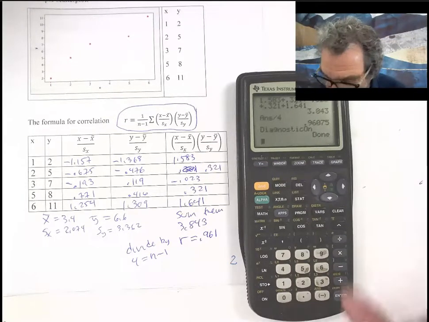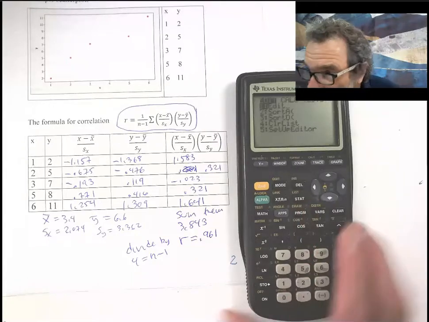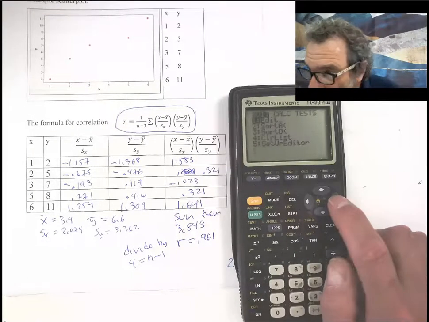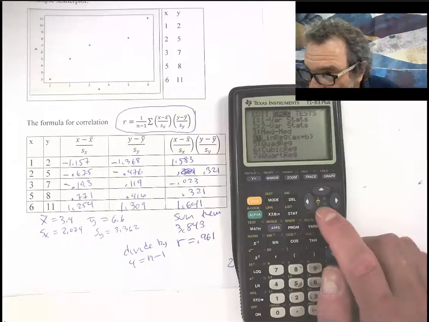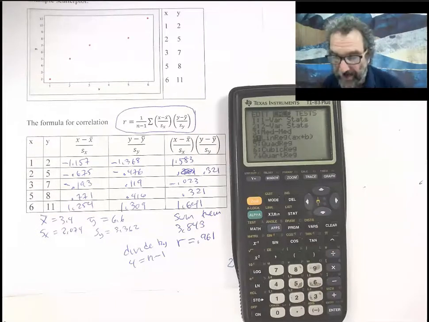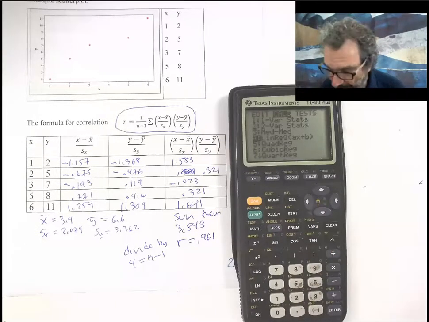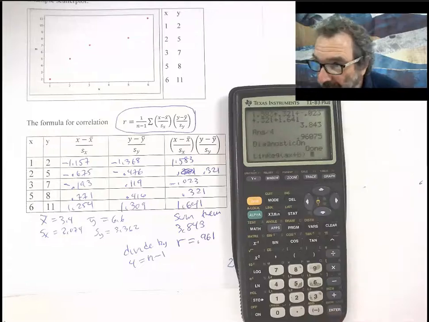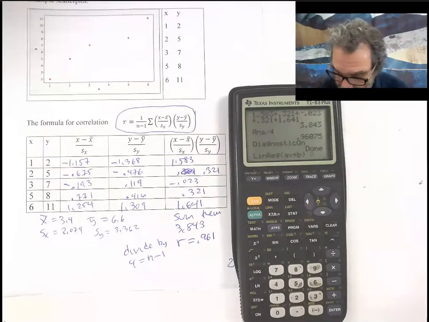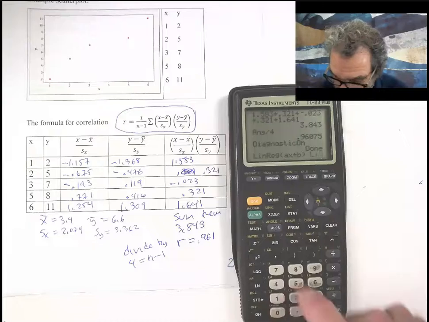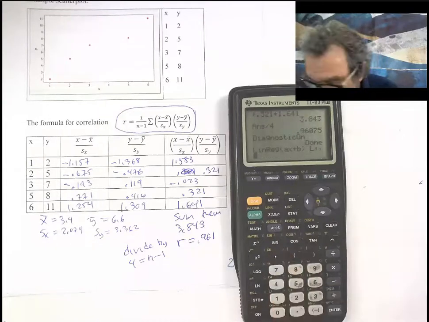Then I'm going to go to stat. I'm going to calc. I'm going down here to linear regression, which is what we'll be doing after we do scatter plots. And then I have to tell you the lists that contain the x and y variables. So second 1, and comma, second 2.